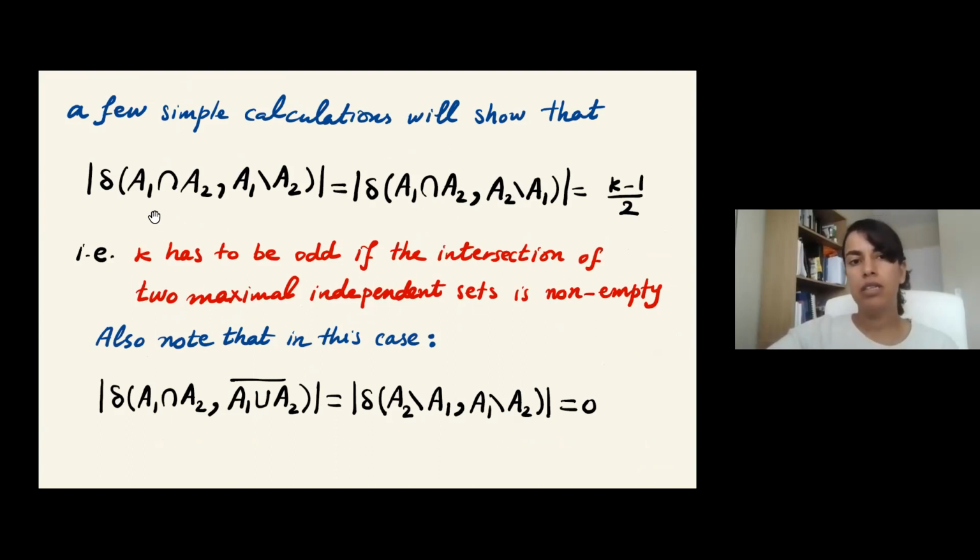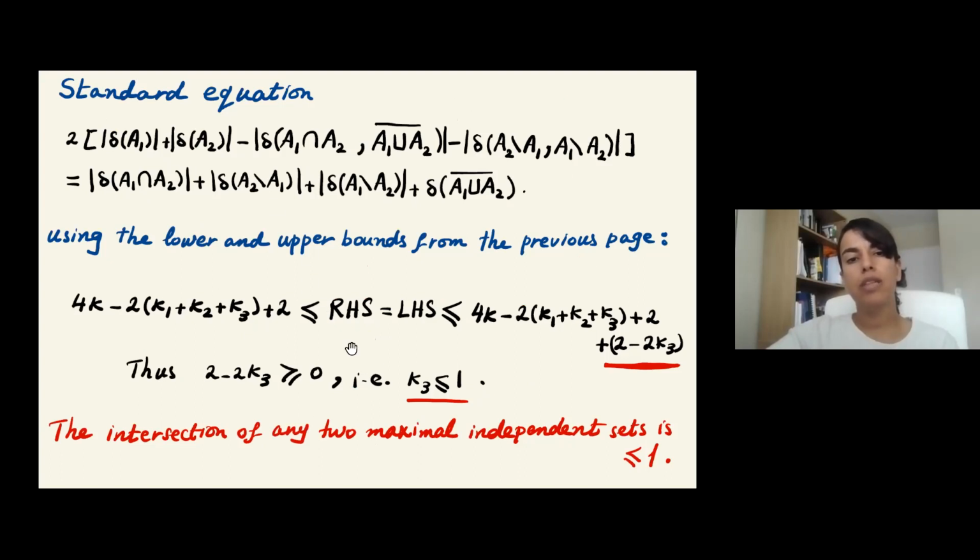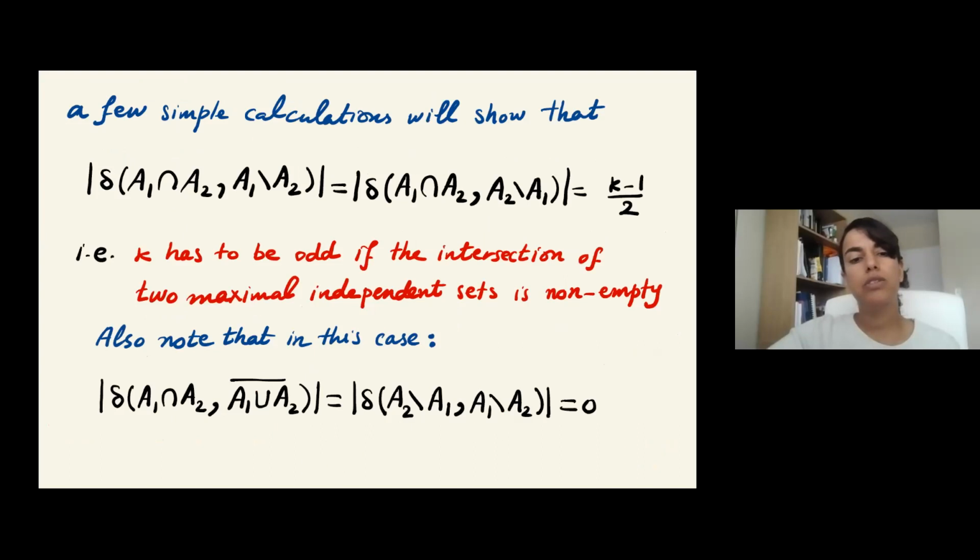So the intersection of the two dangerous sets corresponding to a maximal independent set will send (k minus 1) over 2 edges to one side and (k minus 1) over 2 edges to the other side. And also, as I said, the bounds here hold with equality, the bounds on those four things. So this will not leave room for this to be anything but 0. So there are no edges coming out from the intersection to the outside of A1 and A2, and nothing from that side of A2 to the other side of A1.